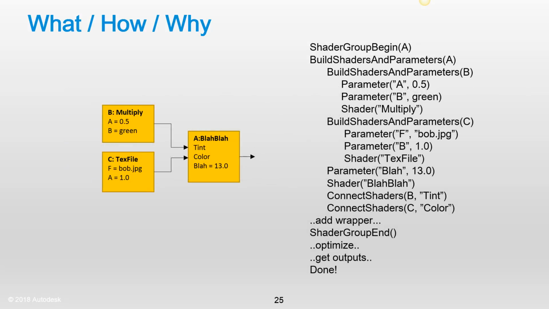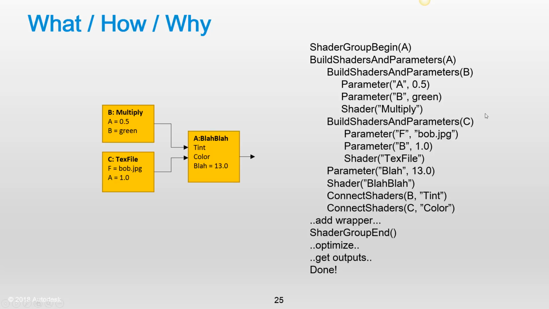So to make an example, we have 3 shaders connected like this, and the calling sequence will be this, with the indented being basically the sub-level. So the update function does shade group begin. It calls build shaders and parameters on itself, which in turn calls build shaders and parameters on this one, which sets its parameters and builds the shader.